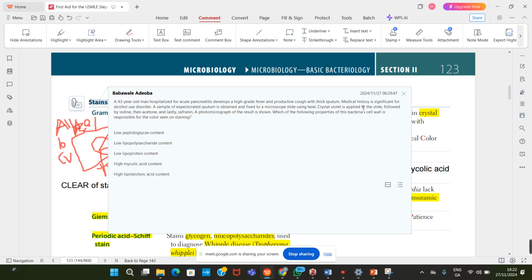Crystal violet is applied to the slide, followed by iodine, then acetone, and lastly, safranin. A photograph of the result is shown. Which of the following properties of this bacterial cell wall is responsible for the color seen on this staining? So let us see what they are showing us here.